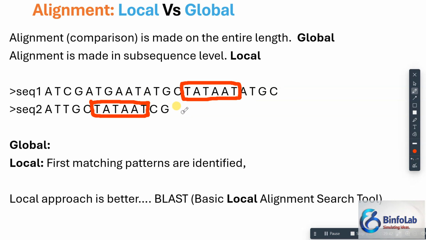But the program says they are not matching, because it did the alignment with the global strategy. What if the program first finds out whether there is any stretch of sequence, any patch of bases, which exactly matches? Yes, it has. This is patch 1 and this is patch 2. They both match each other.